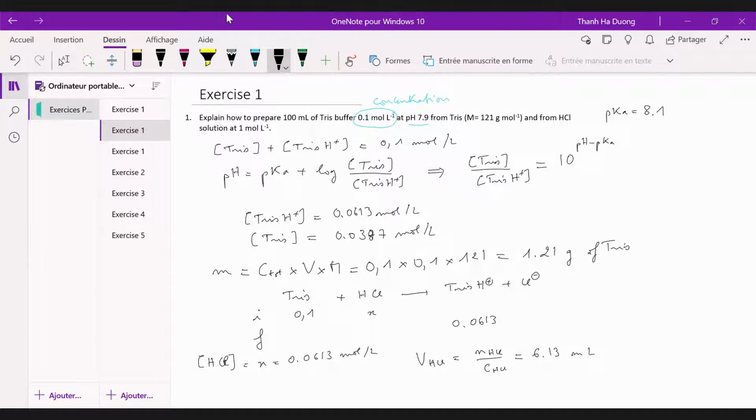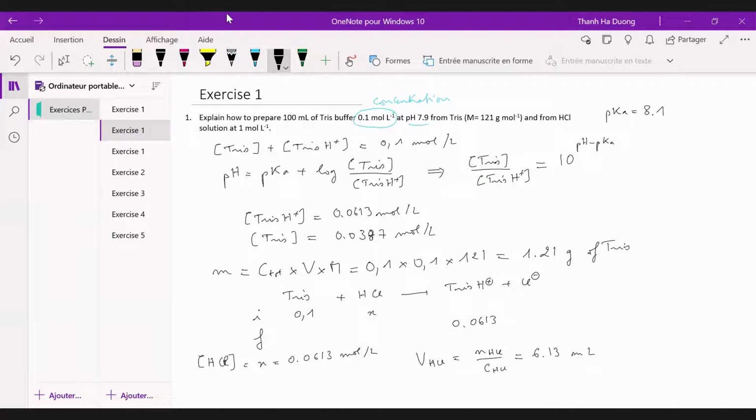This is because you have weighed the mass of tris and you put it in the water. And after, we wonder how much hydrochloric acid we have to put to obtain our buffer at this pH. And at this pH, at 7.9, we had calculated the tris concentration in the buffer.